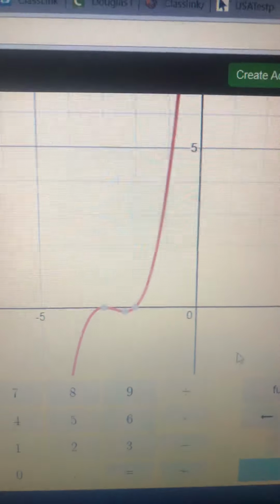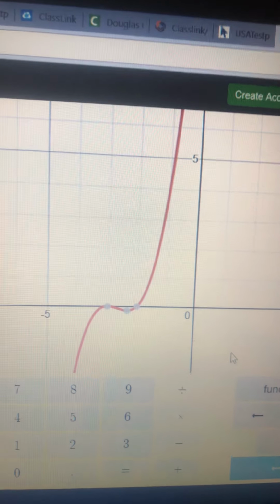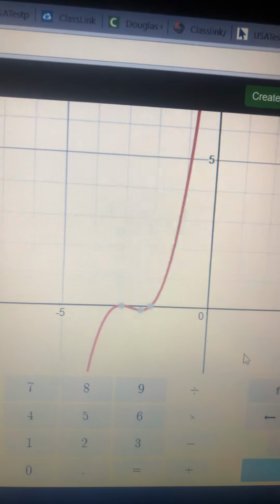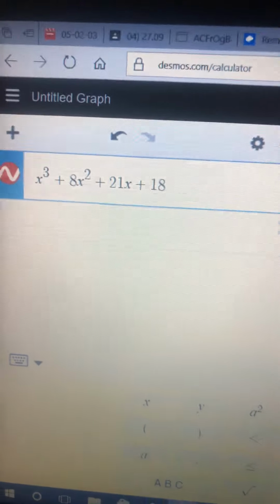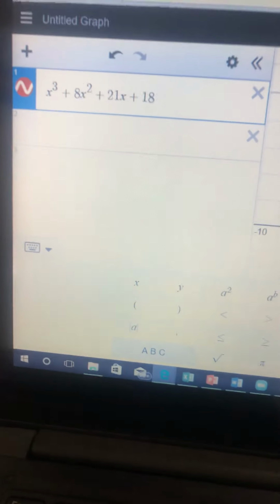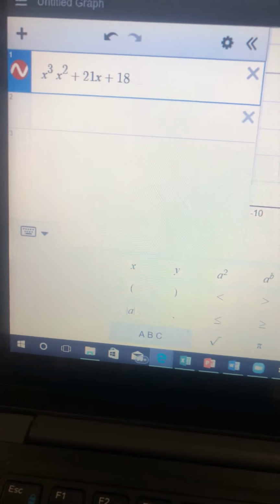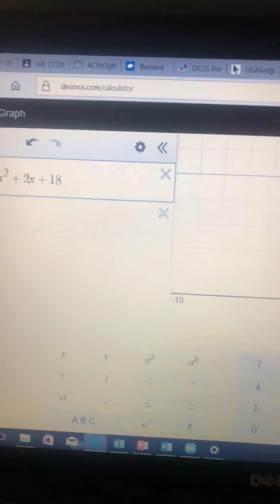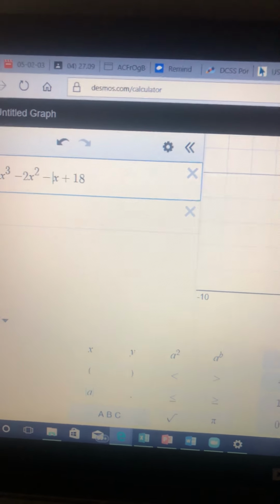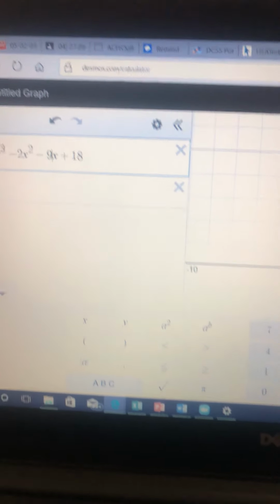Okay, so as you can see, my zeros are right here, all centered between 0 and -5. So I know that that doesn't make my zeros at -3 and 3 for this first function. So now we're going to try replacing this with letter B. So I'm going to change this to a -2, and then a -9, and then it's also 18.